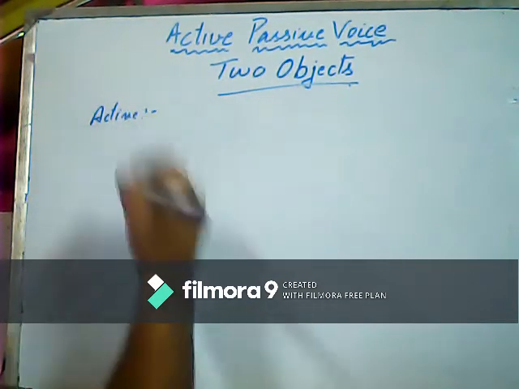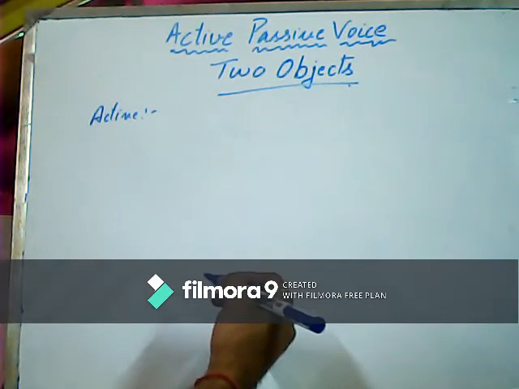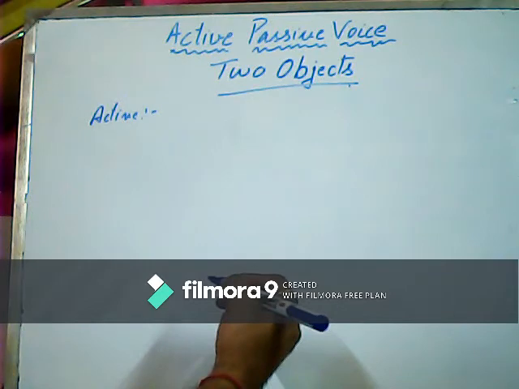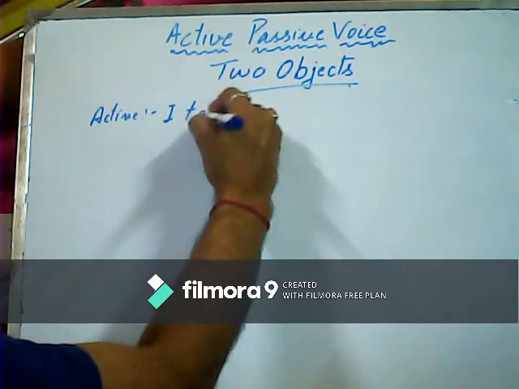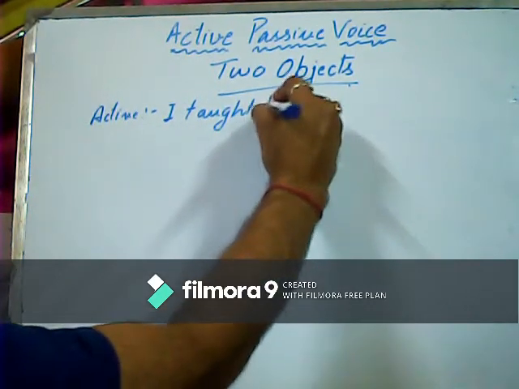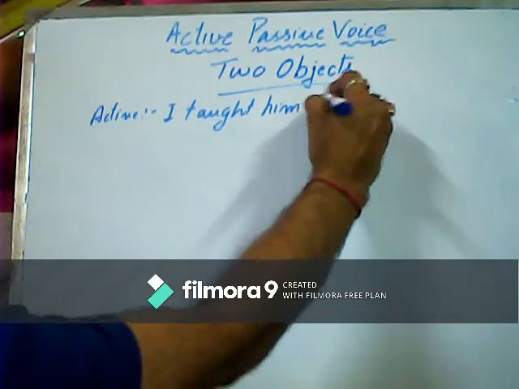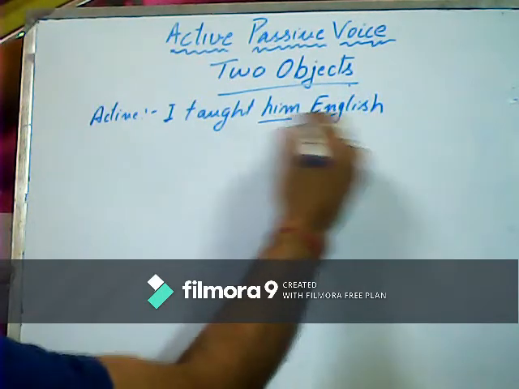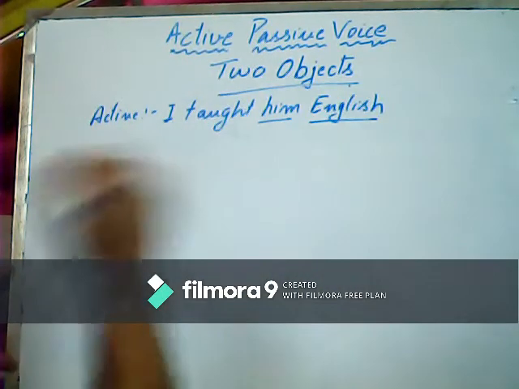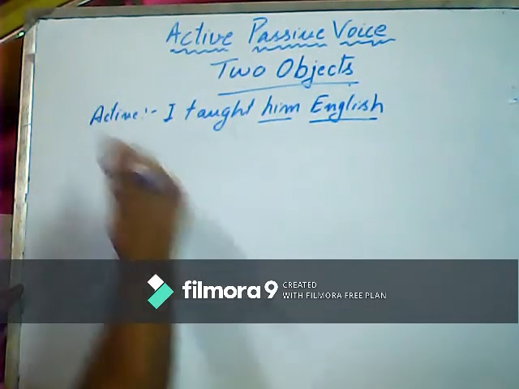For example, in active voice there is a sentence, I taught him English. Now in this case there are two objects, him and English. We can make either object the subject while making the passive.